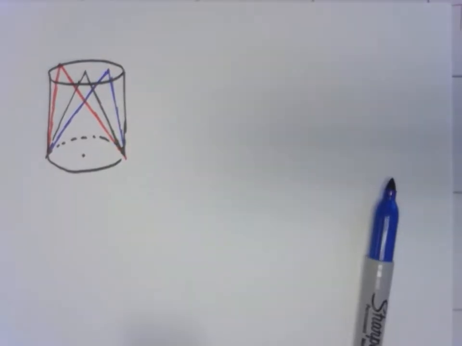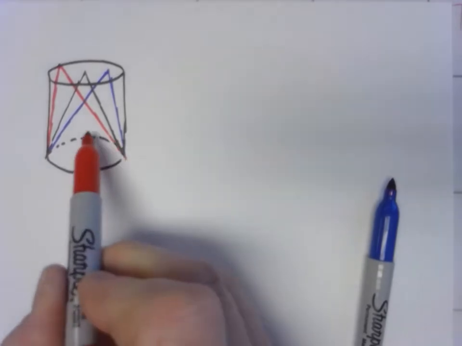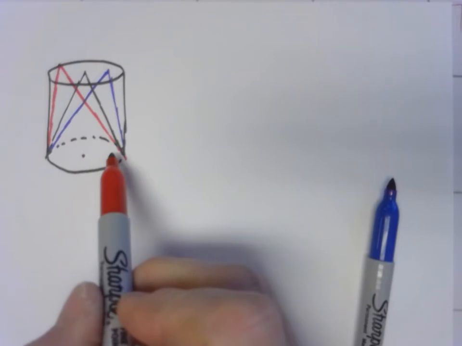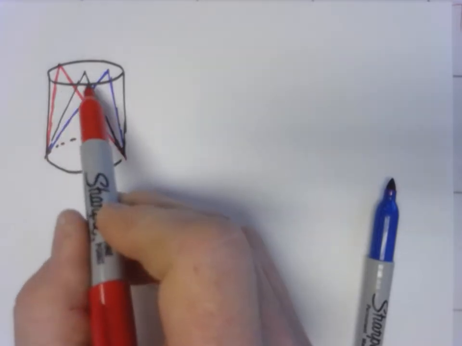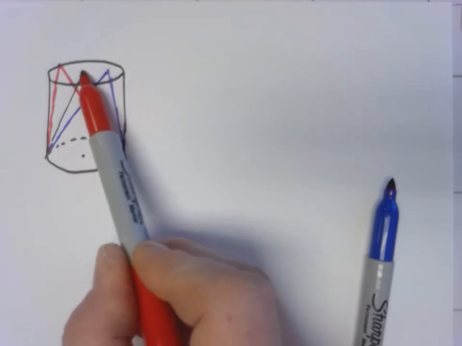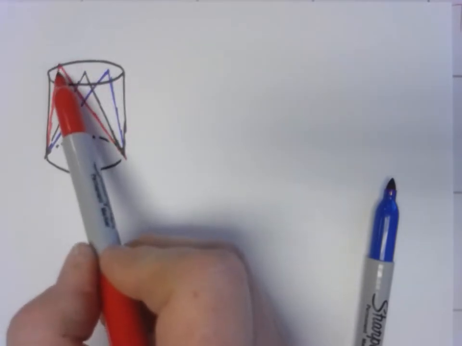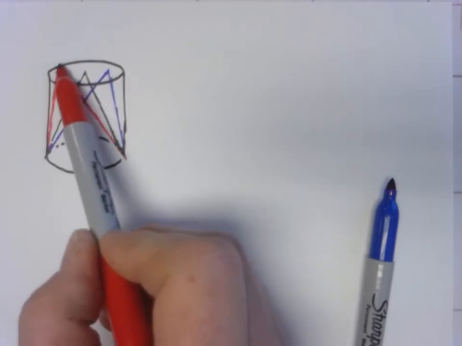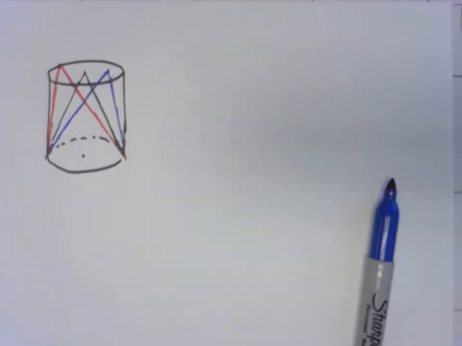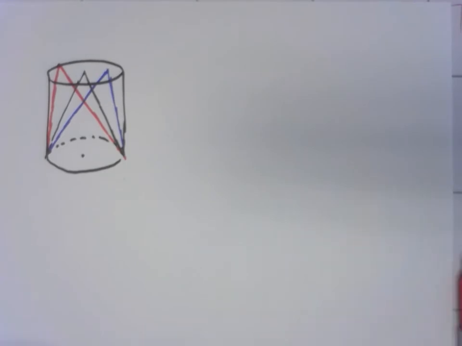In each case, the base of the cone is the circle, which is the same as the base of the circular cylinder, and each of these has the same height as well. Now that one maybe looks a little bit higher, but remember it's still on the circle up here that's parallel to the circle down here, so still the same height.